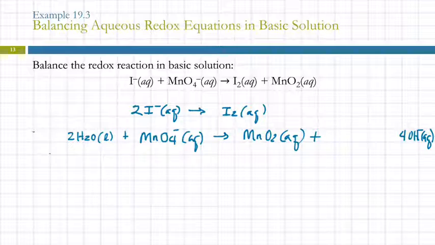Now I need to take care of the charges. So in the top here I've got 2 negative on the left and 0 on the right, so I need to put 2 electrons in here. And I'm going to bring this guy in.